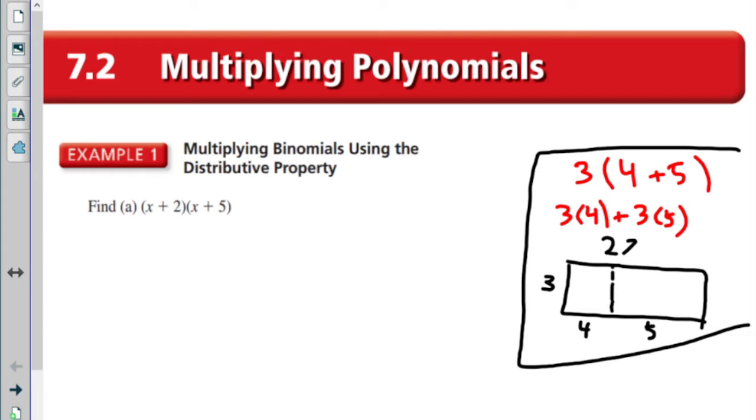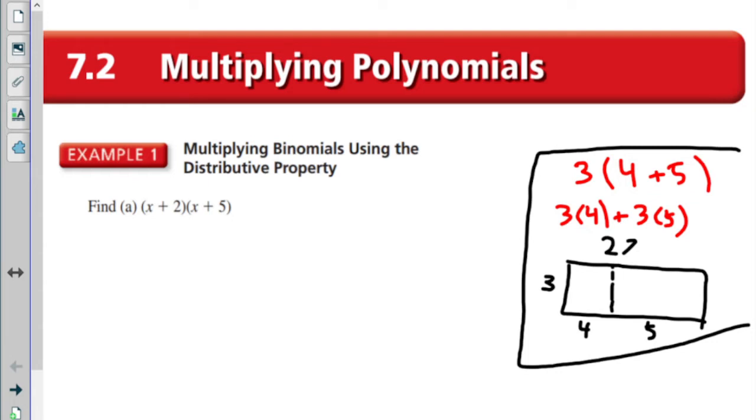And remember that area of a rectangle is length times width or base times height, depending on how you think about it. Well, you can find this entire area by saying the entire base is 9. This part's 4, this part's 5. So the entire base is 9, and then times my height is 3, and 9 times 3 is 27.